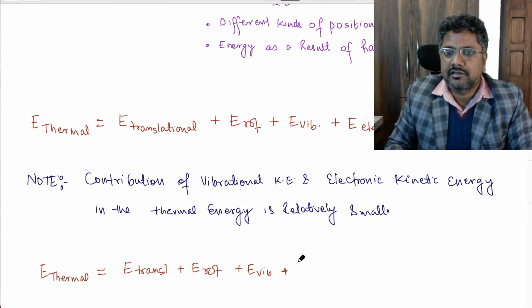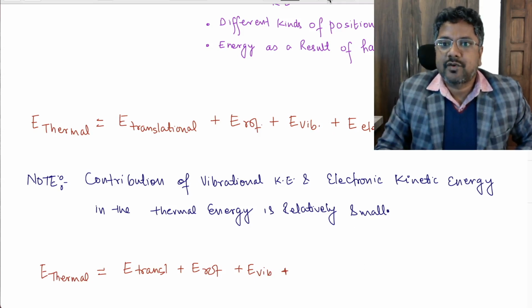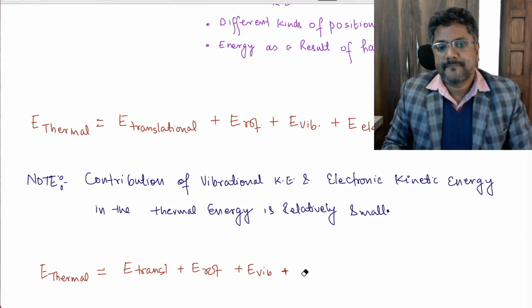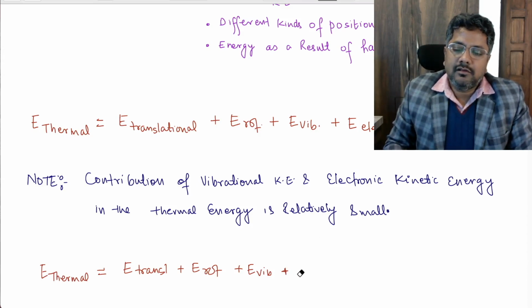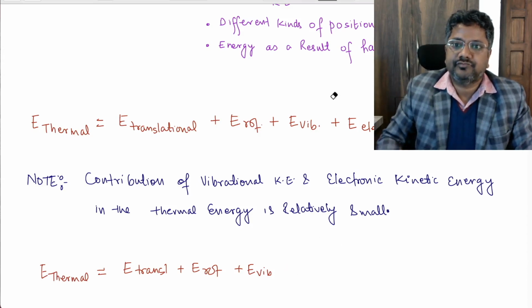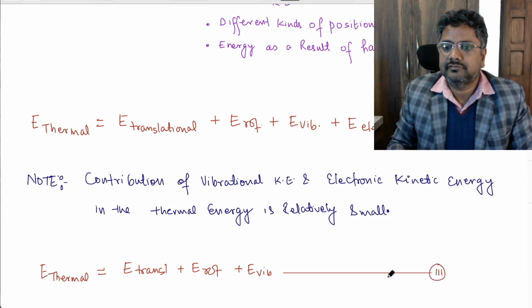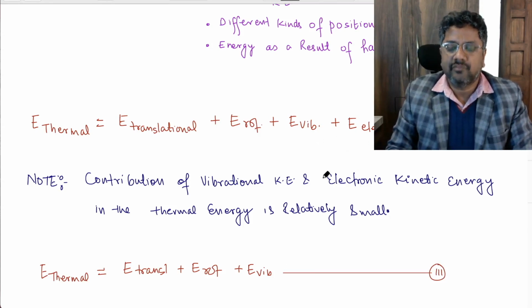Plus vibrational. This is equation 3, because this electronic has even less contribution than vibrational.